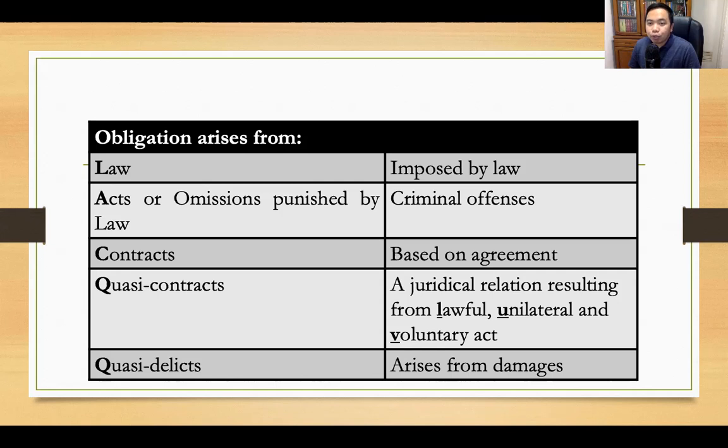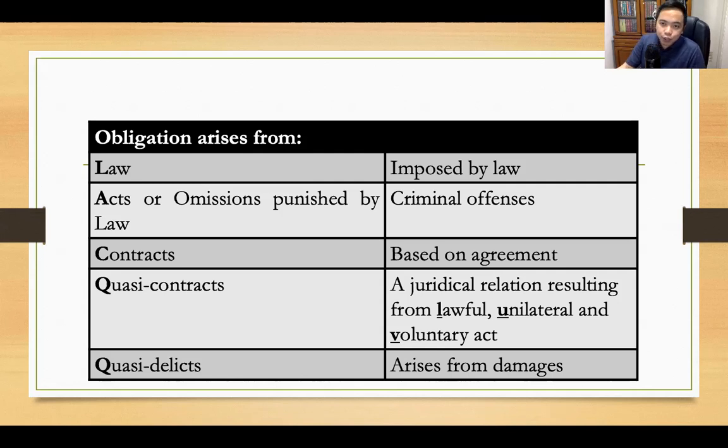In case your neighbor exerts efforts and spends resources to salvage your property and important belongings, there is created what? A quasi-contract. You had no agreement, class, before you left for vacation that your neighbors would be in charge of your property. There is no prior contract, no agreement or covenant whatsoever.